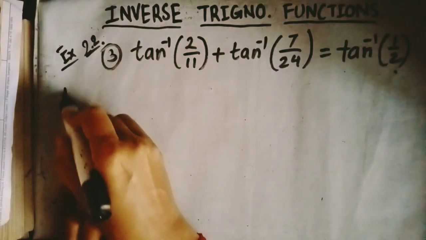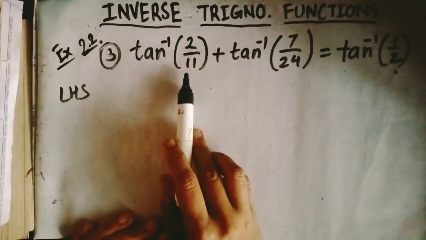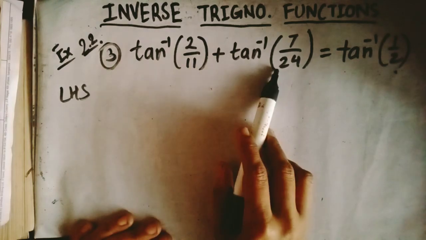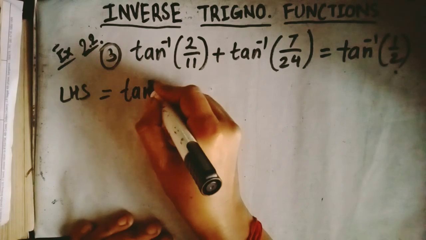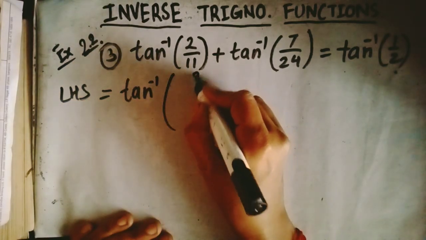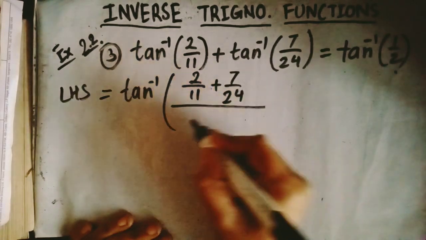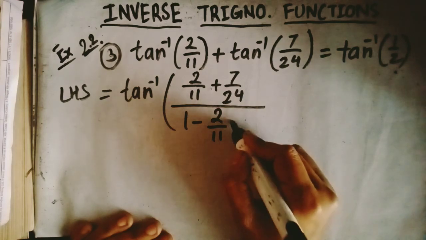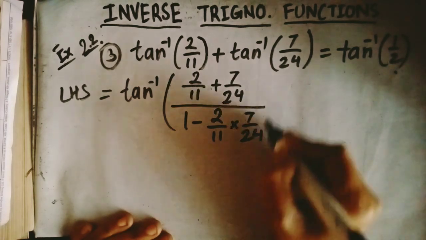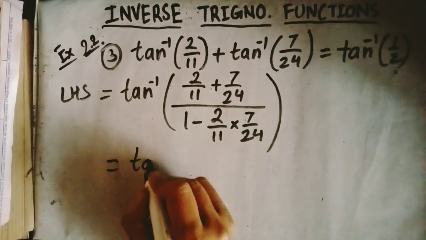Starting from LHS, you have to use the identity tan inverse of x plus tan inverse of y, so this becomes tan inverse of x plus y upon 1 minus x into y.